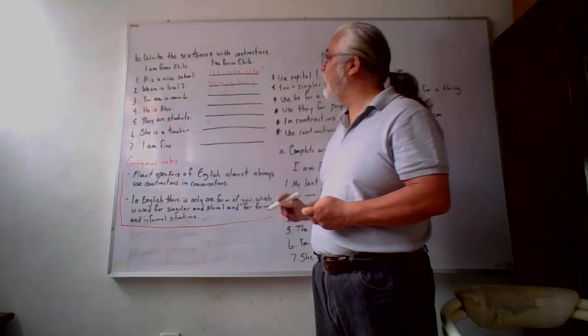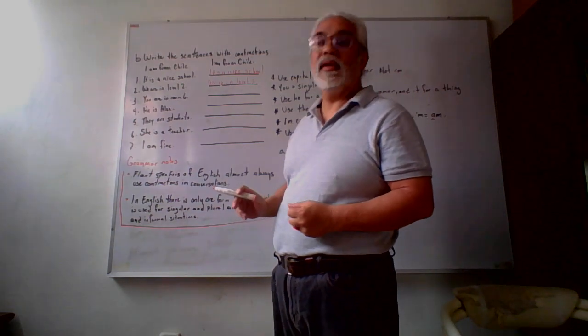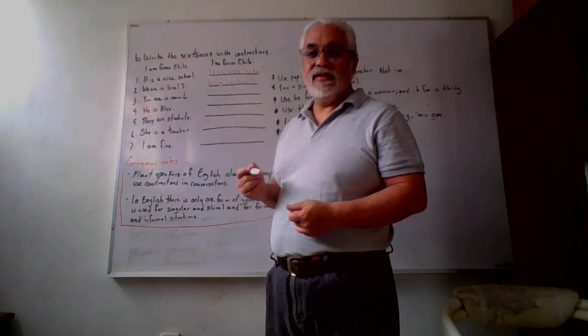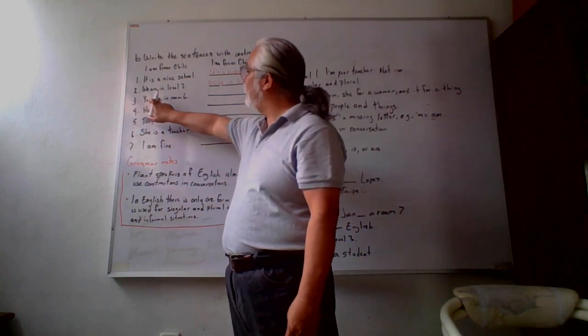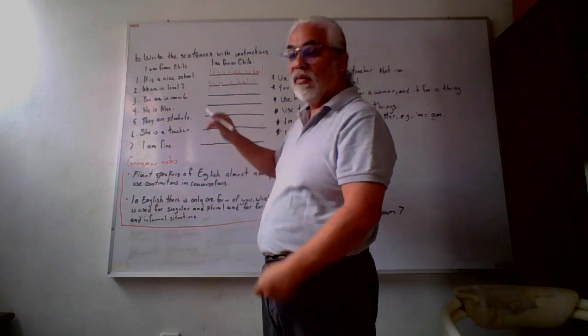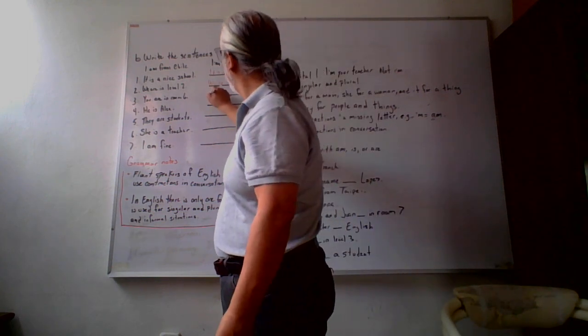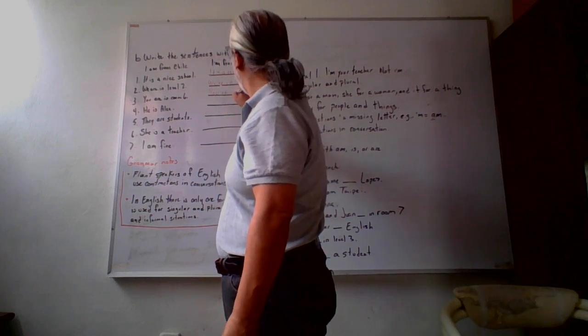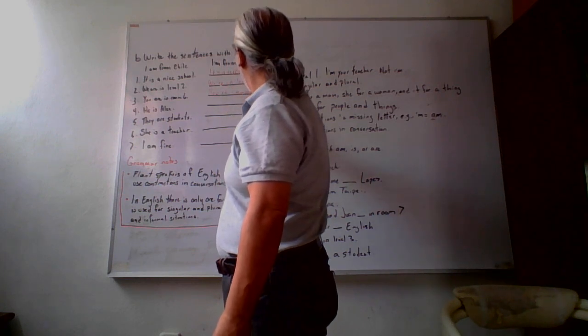Okay? Hopefully you guys are getting this correct. Number 3, you are in room 6. Again, we're going to take the R, the A away, connect it with the U, and then we have you're in room 6.